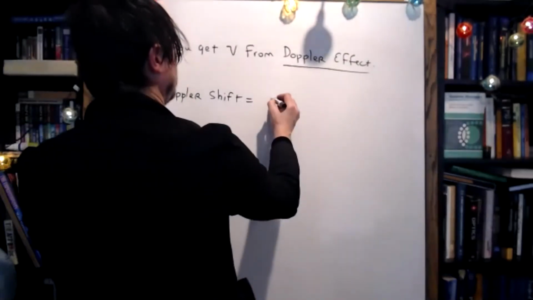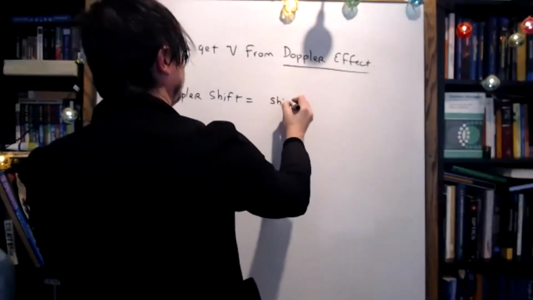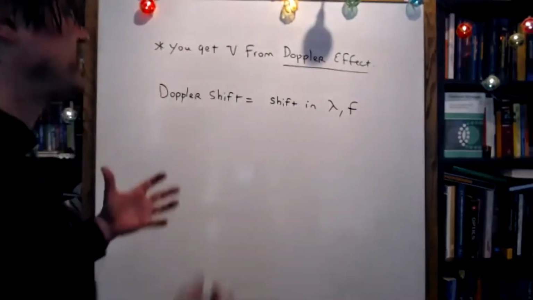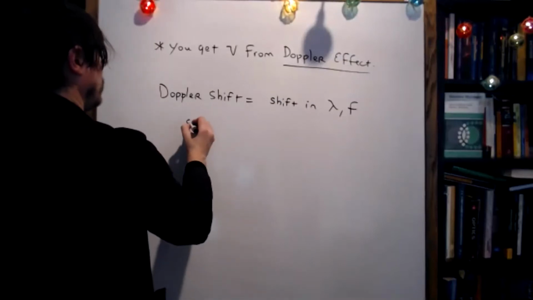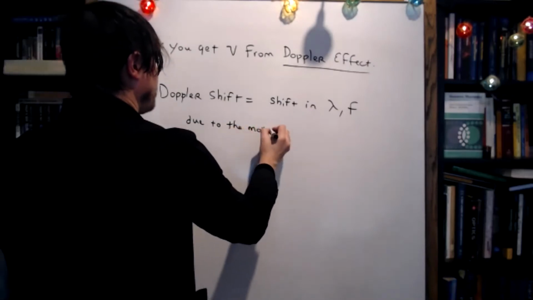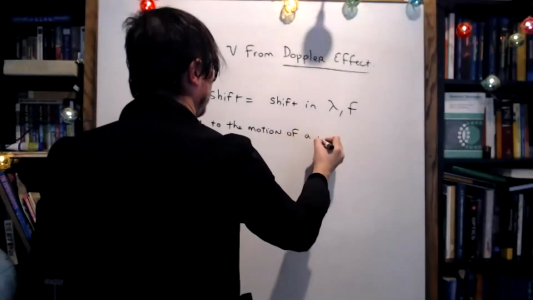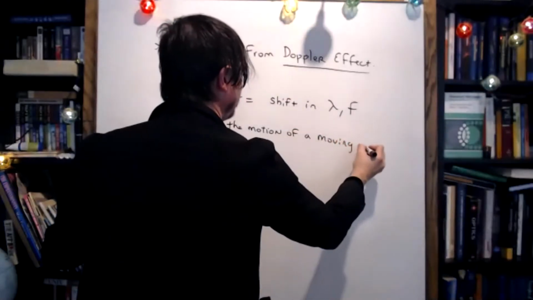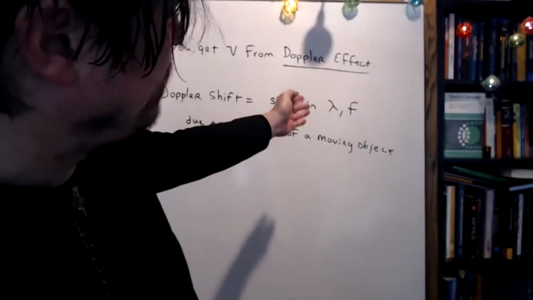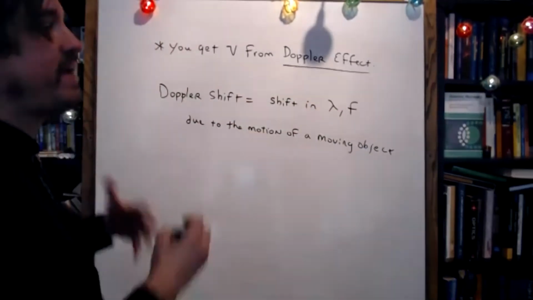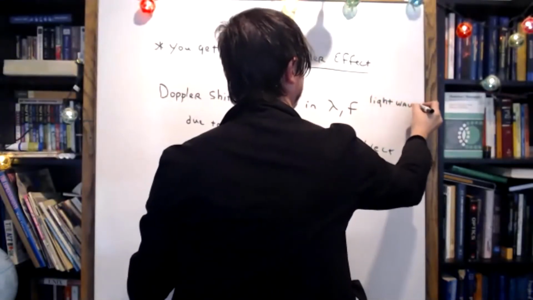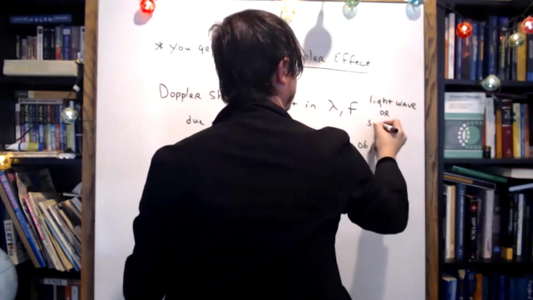The Doppler shift is a shift in either wavelength or frequency due to the motion of a moving object. And it could be the shift in wavelength or frequency of a light wave or a sound wave. Those are the two most common phenomena.